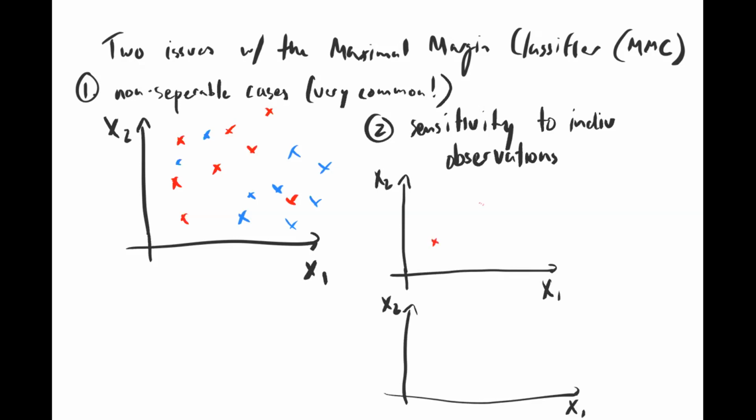So something like this. Okay, and then these ones don't really matter. And let's draw something like this. Okay, and these guys don't matter. Here, let me draw an MMC hyperplane, something like this.